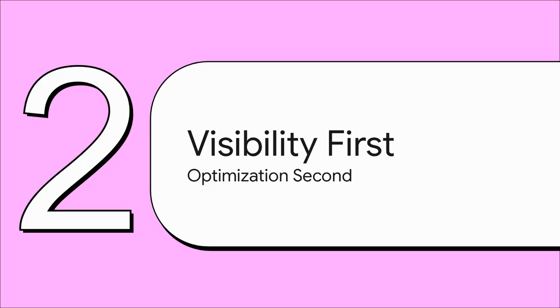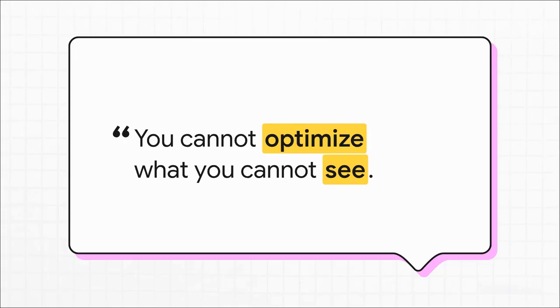So how do we fix this? How do we solve the mystery? We have to start with one simple, fundamental rule. You can't even begin to think about optimizing your costs until you can see where every single dollar is going. It's always visibility first, then optimization second. This right here is probably the single most important truth in all of cloud financial management.